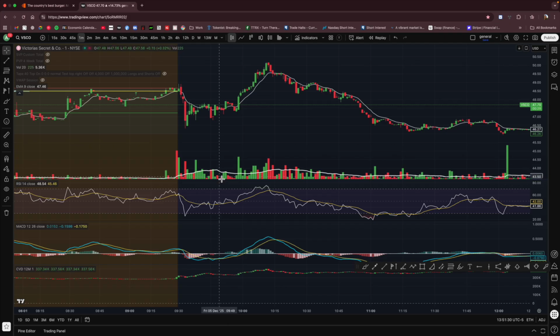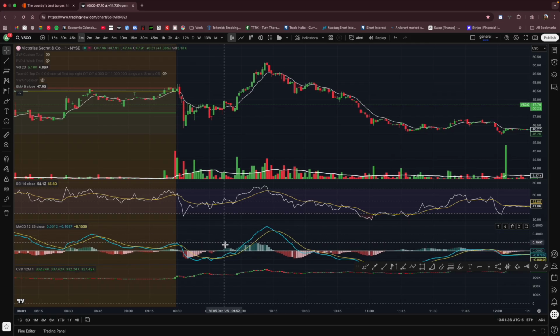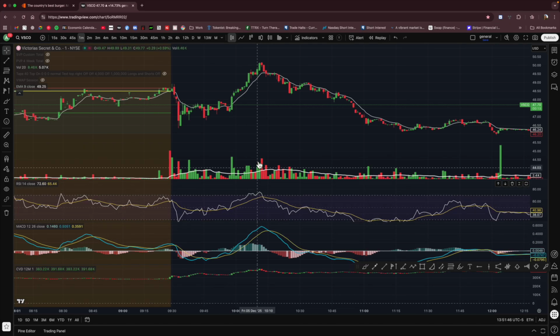What's interesting is that the movement on the MACD gives you quite a nice idea of when to enter. When the blue line goes across, you can enter there, and then exit at the very top, where it crosses over. The RSI tends to do that a little quicker than the MACD.